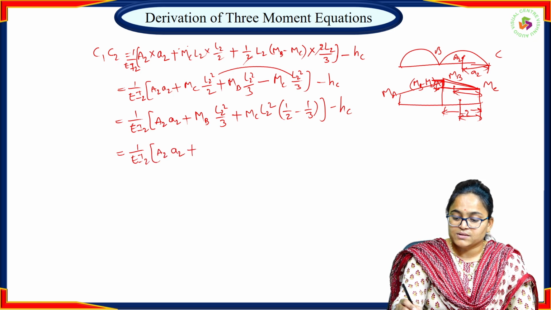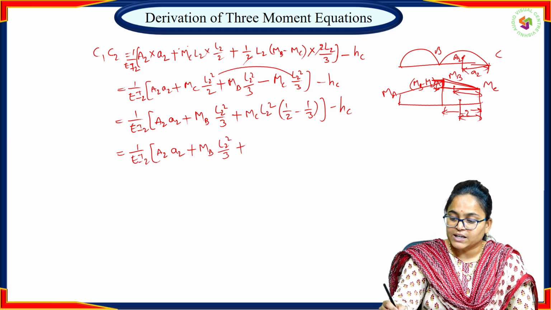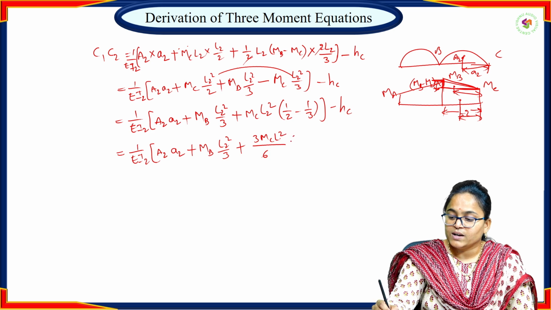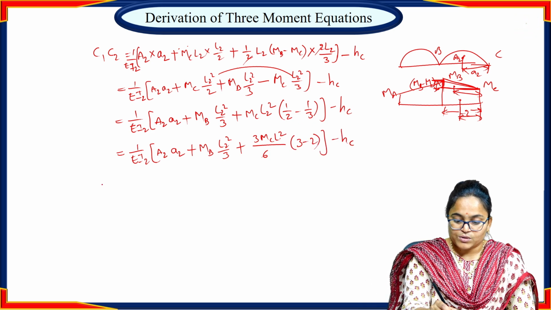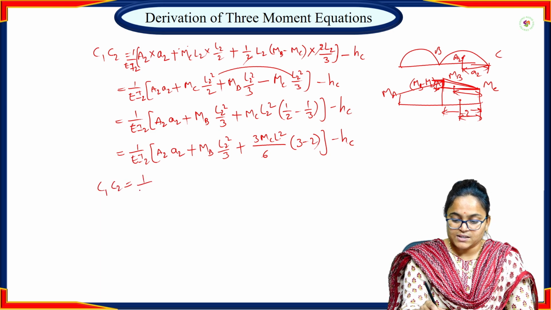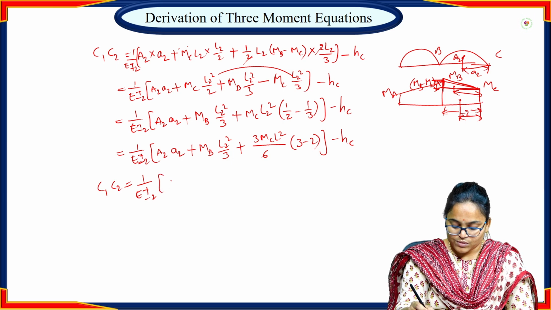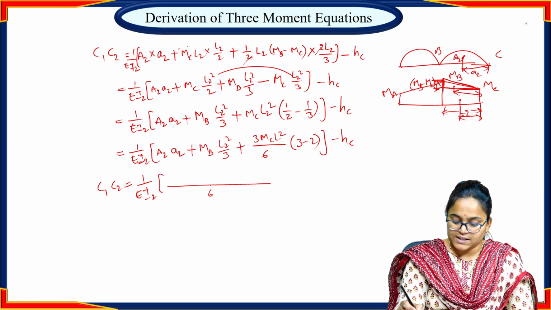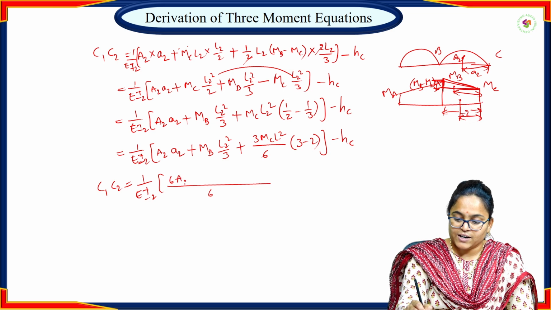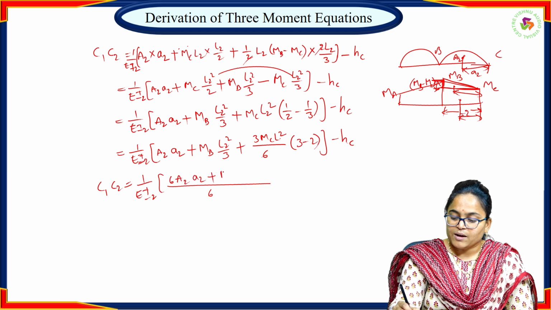Now, we can write 1 by EI2 into A2 plus MB L2 square by 3. Now, this can be written as, so we can take LCM as 6. Now, 3MC L square into 3 minus 2 minus HC. Now, so C1, C2 can be written as 1 by EI2 into, so if you take 6 as LCM, we'll get like this, 6A2 plus MB L2 square by L2 square.